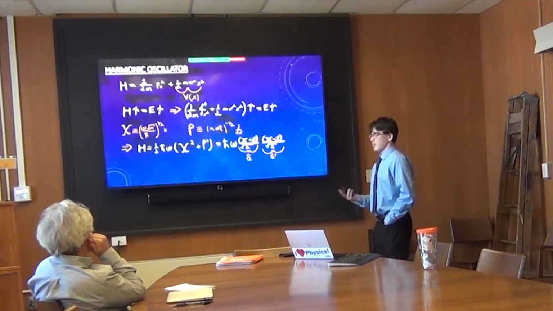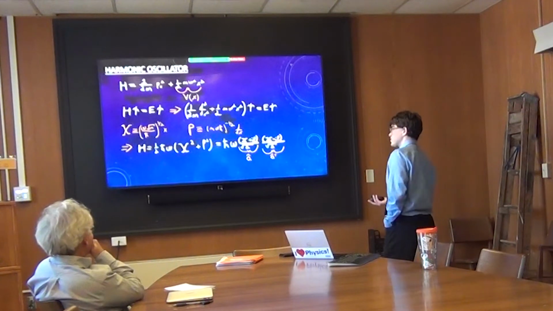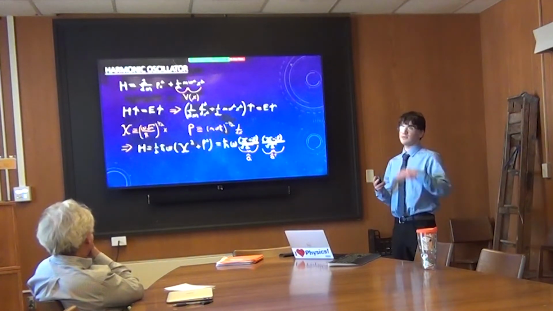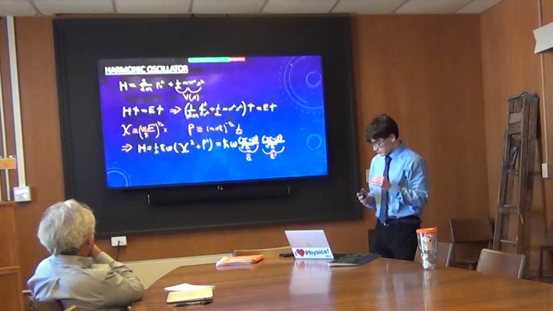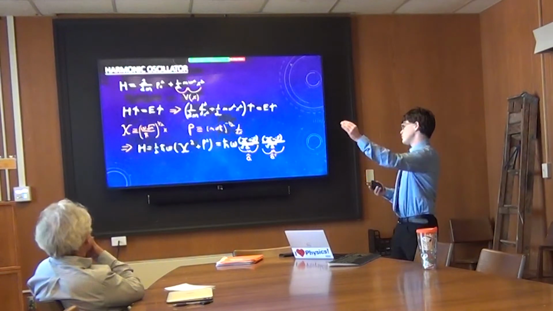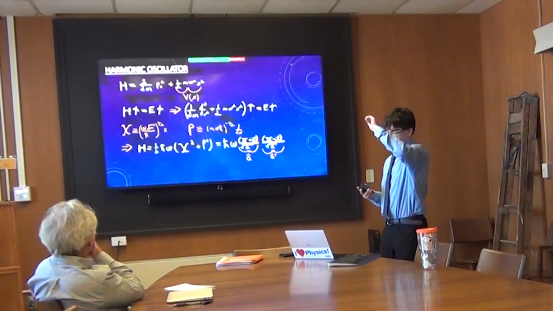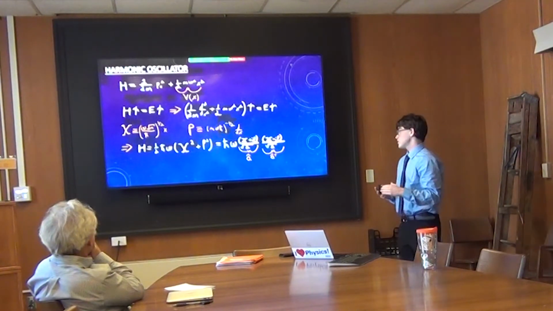These operators, a and a dagger, when they act on an eigenstate of a wave in a harmonic oscillator, raise or lower the energy level. So a dagger ends up raising the energy state while a lowers the energy state.